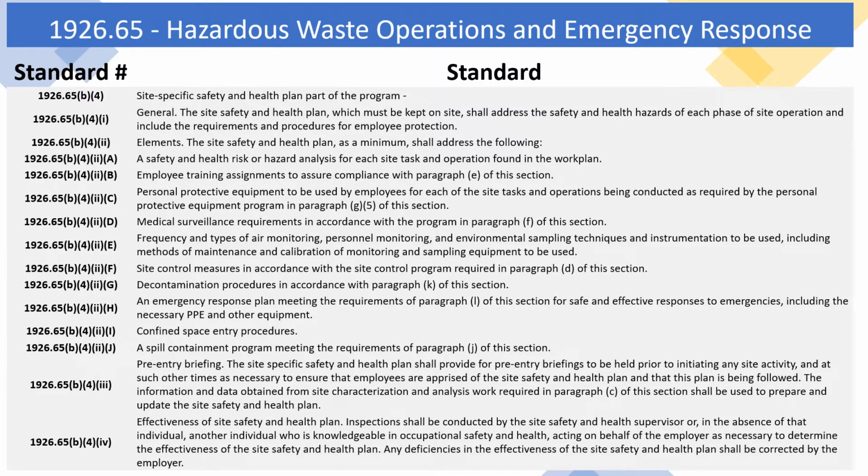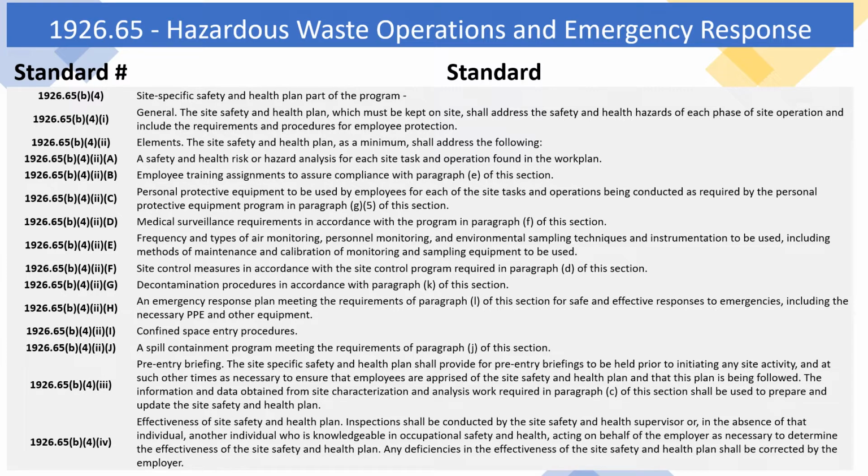(D): Medical surveillance requirements in accordance with the program in paragraph (f) of this section. (E): Frequency and types of air monitoring, personnel monitoring, and environmental sampling techniques and instrumentation to be used, including methods of maintenance and calibration of monitoring and sampling equipment to be used.